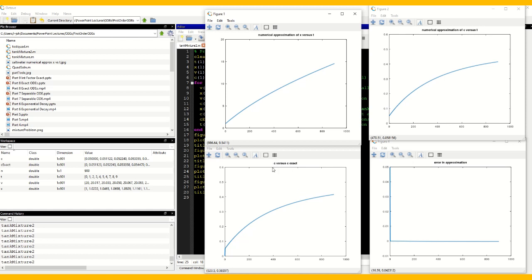That should have been a T. And the fourth one down here is the error in the approximation, which is C minus C exact, and we can see that it's basically a horizontal line with the value constantly being 0. So as far as this graph goes, the error in our approximation was extremely close to 0, because our approximate solution and our exact solution were very close to each other in value.